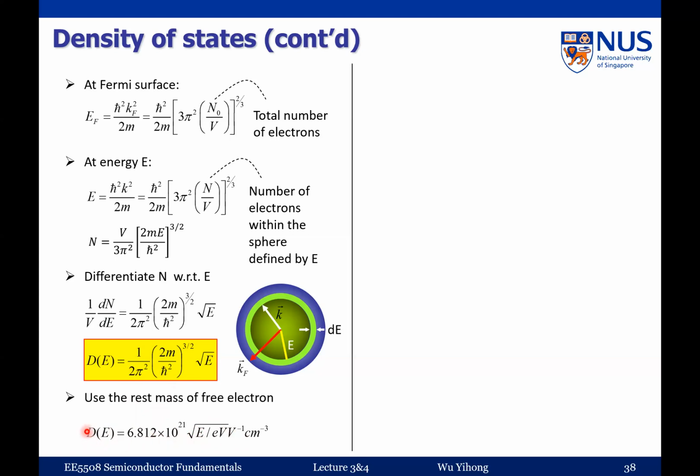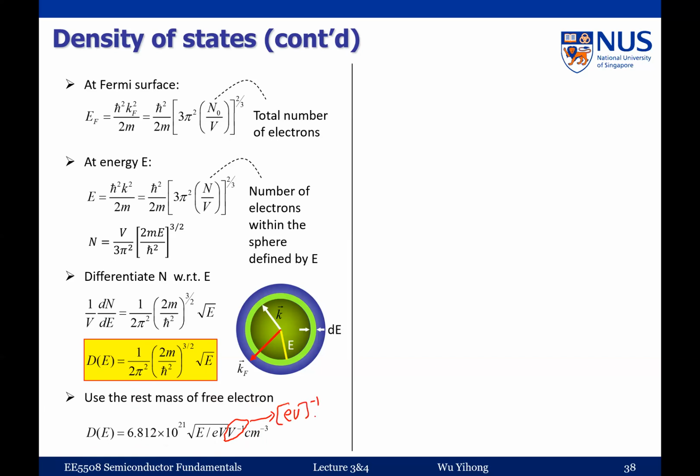And then if you calculate the density of states, this number is per unit volume in real space, and this is per unit energy interval. Sorry, that's a typo here, okay? This whole thing should be per unit energy interval.